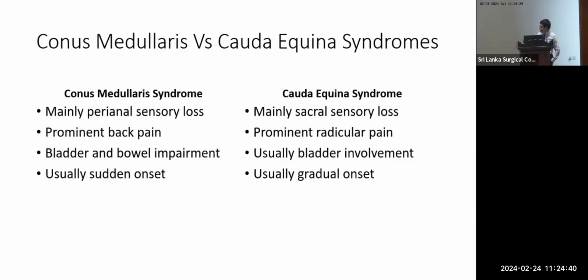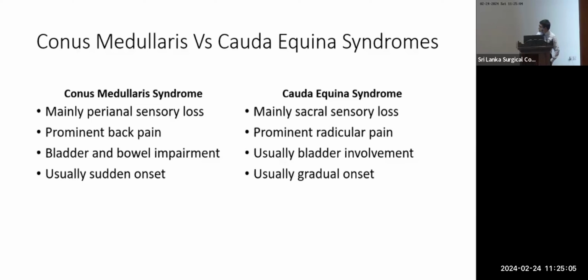For example, in conus medullaris syndrome, they tend to get mainly perianal sensory loss, whereas in cauda equina, they tend to get saddle anesthesia or sensory loss over the sacral area. And conus medullaris patients tend to have more prominent back pain, whereas because of the nerve root compression, the cauda equina tends to have more radicular pain.